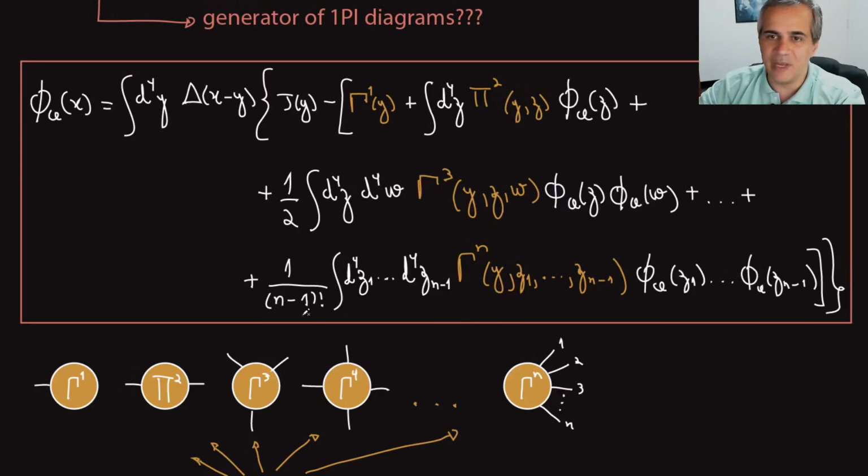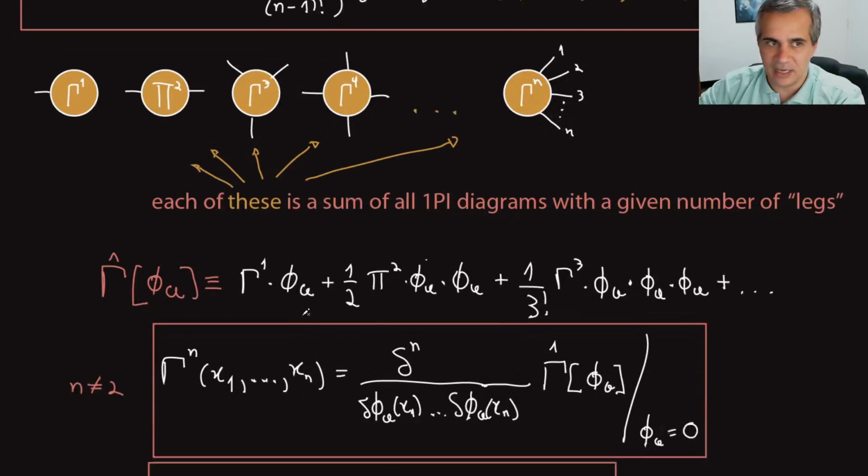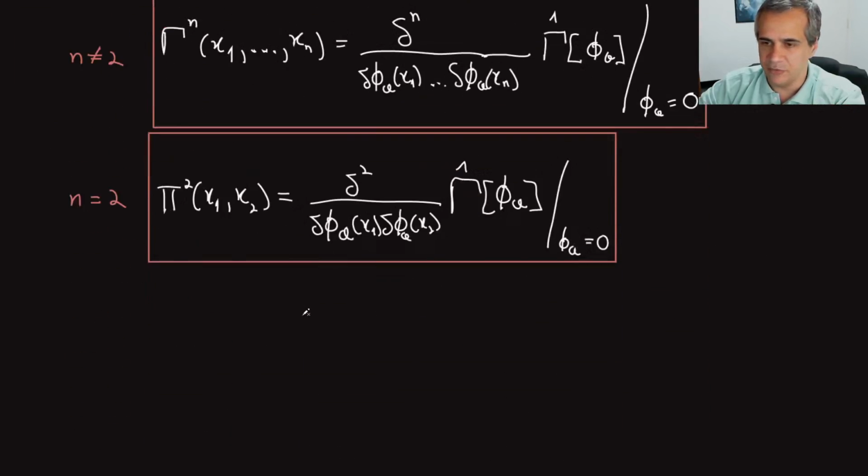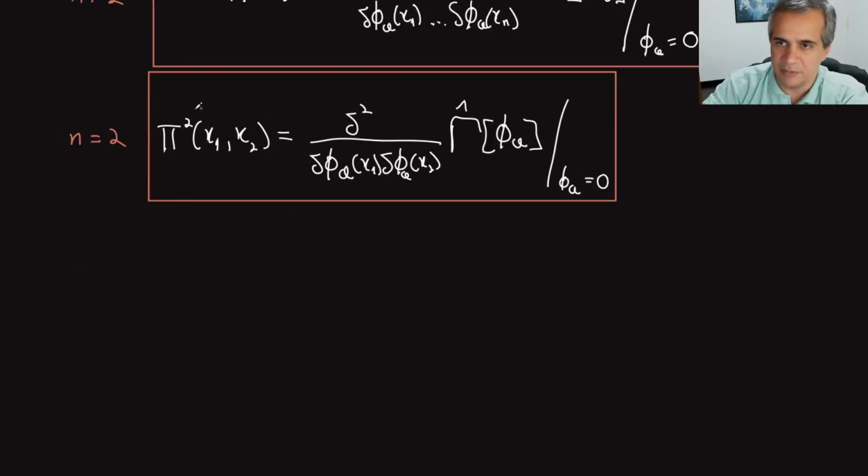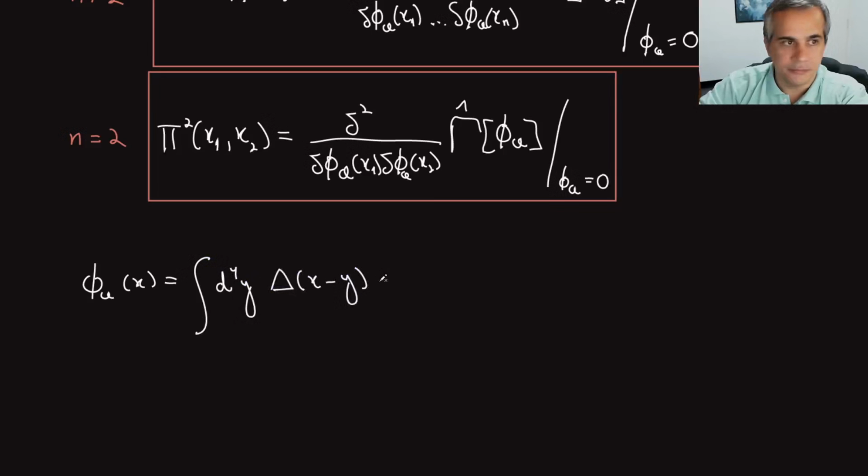That means I can rewrite the recursion relation up there in this way. I can write phi classical of x as the integral of d^4y, the propagator of x minus y, the source j of y.